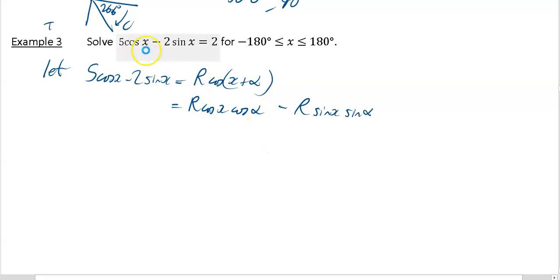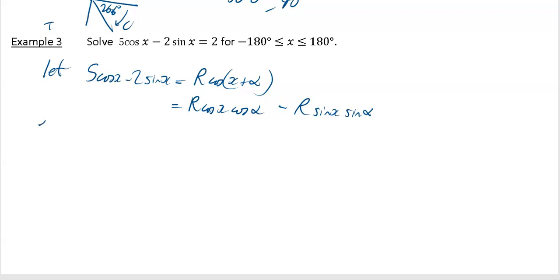So first of all, you start with your cos x term when you use cos(x plus alpha). So you start with cos x, and then your next term is sin x, and also it's negative, and here this one's going to be negative, so it just makes it a wee bit nicer to work with, that's all. But again, it wouldn't make a difference if you did it a different way.